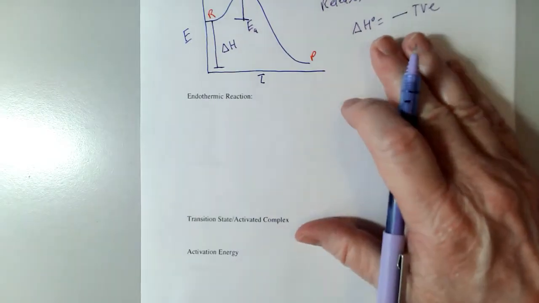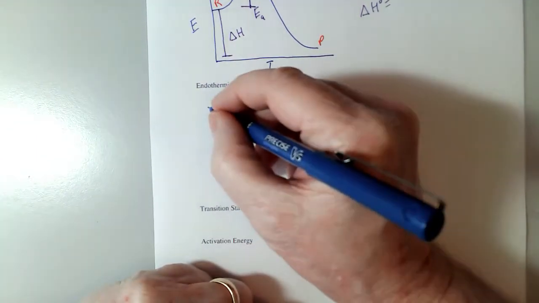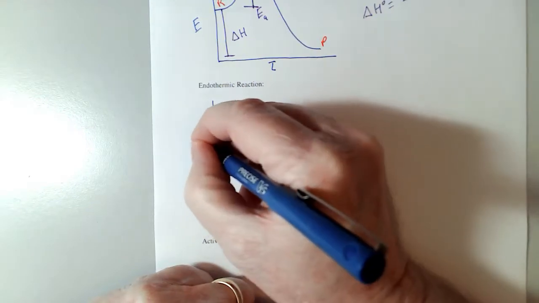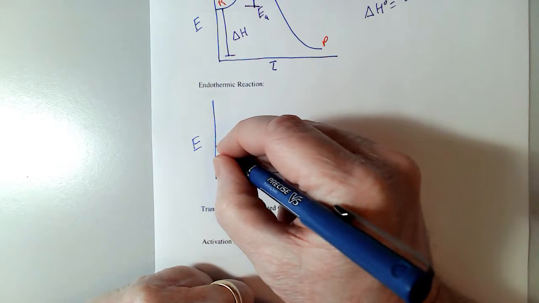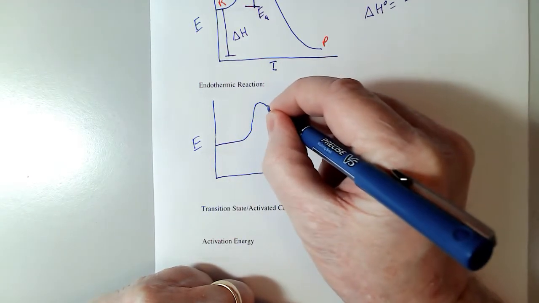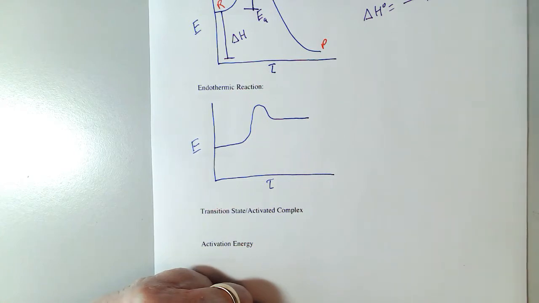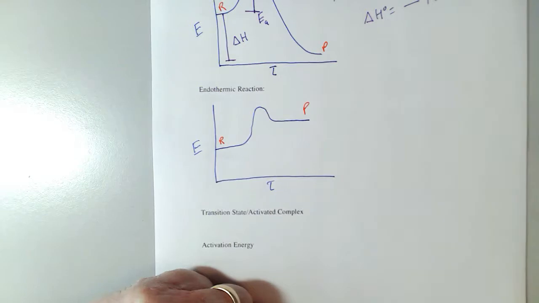Okay? So, how would an endothermic plot look different? Energy, time, and the difference now is just that the products end with more energy than the reactants.